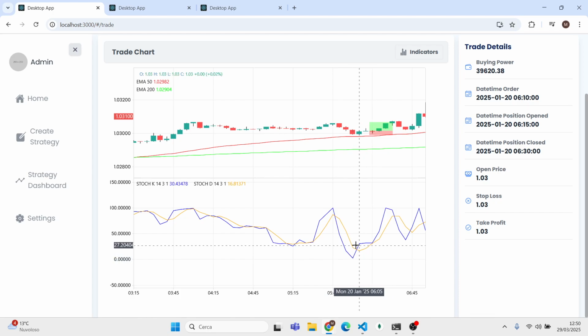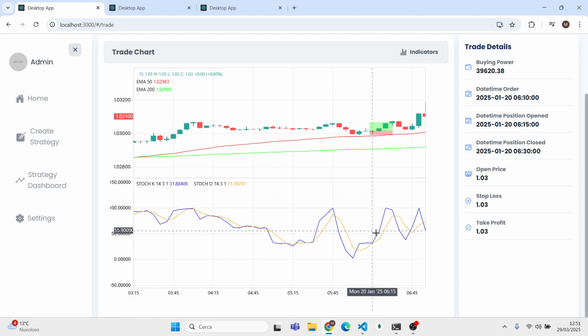So what does it mean? Let's take a look. Here we can see that 20 is like here. We have to check for both lines, blue and yellow, to go above 20. As you can see on the last candle, we can see the value of stochastic K and D here.